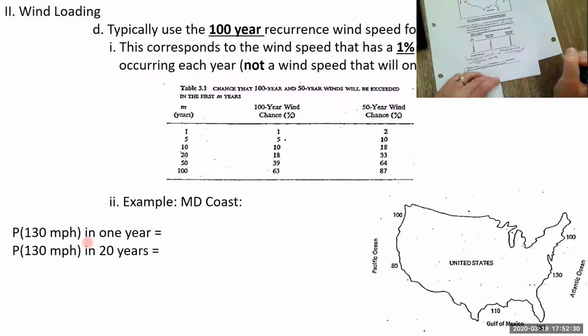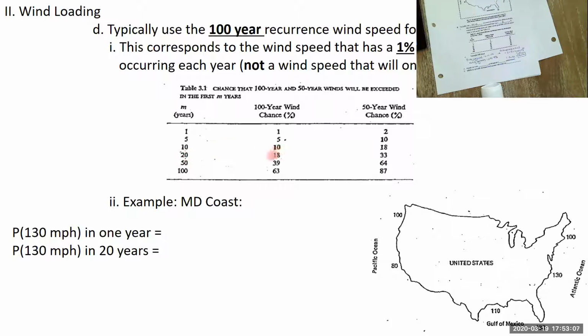So basically I have to have 1 year that has everything less than 130 miles per hour. Right after that, I have to have another year where everything is less than 130 miles per hour. Same with the third year, fourth year, fifth year, all the way up to 20 years. So basically I'm taking 0.99 to the 20th power, subtracting that from 1, and I get 0.182 or 18.2% chance that I will have a 130 mile per hour wind speed off the coast of Maryland over 20 years.